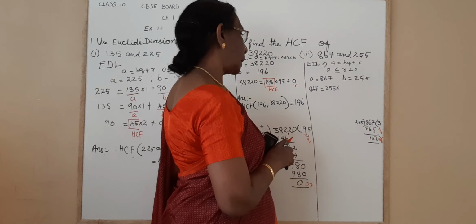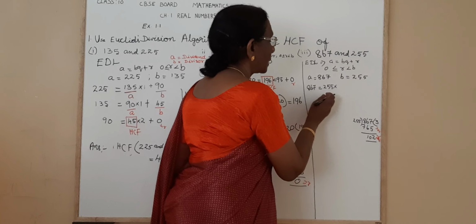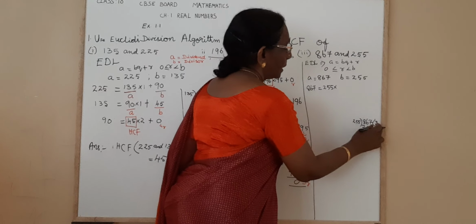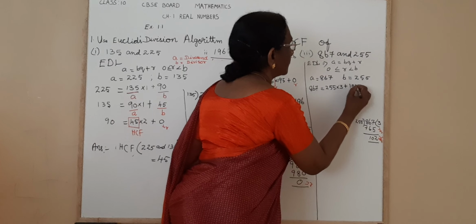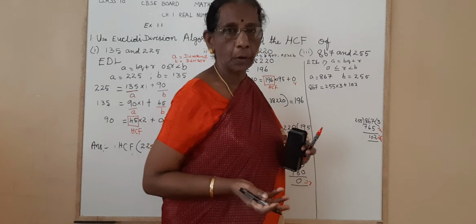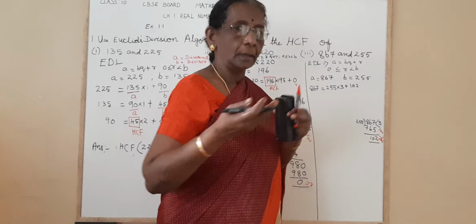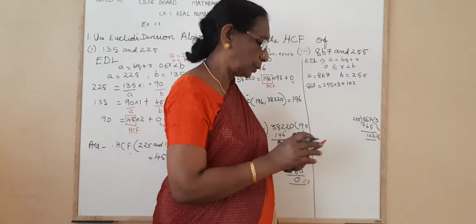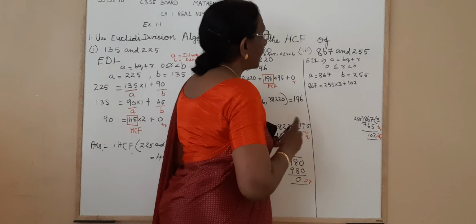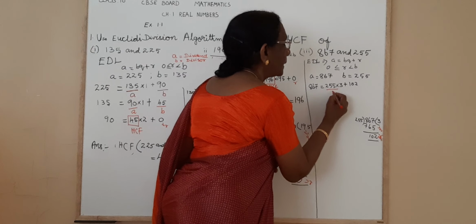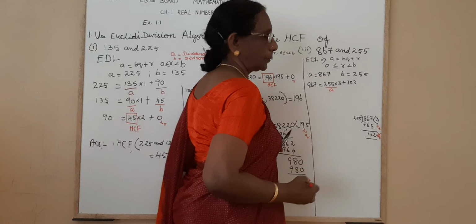Let us write this in the form of A is equal to BQ plus R. 255 is B, Q is 3 and the remainder is 102. Remainder is not 0. So you have to continue the process again. That is, we should move to the second step. So what will be A? A is equal to 255.